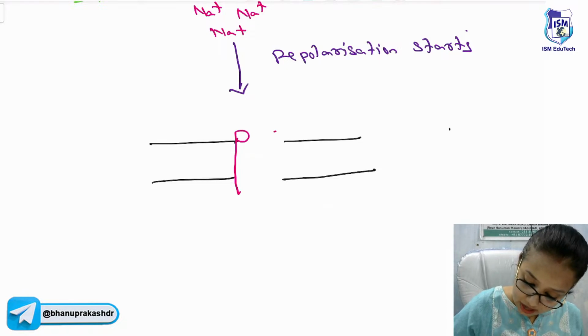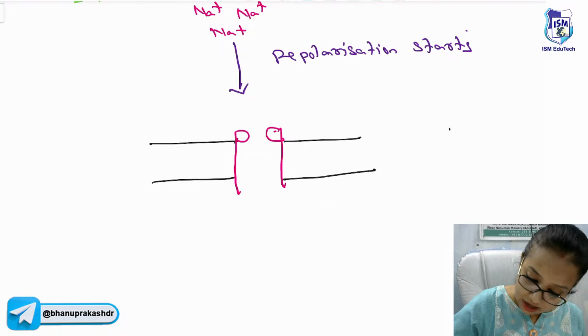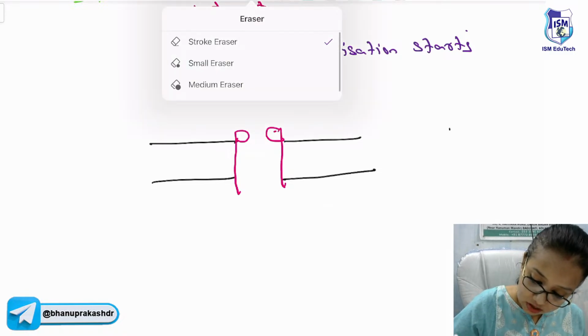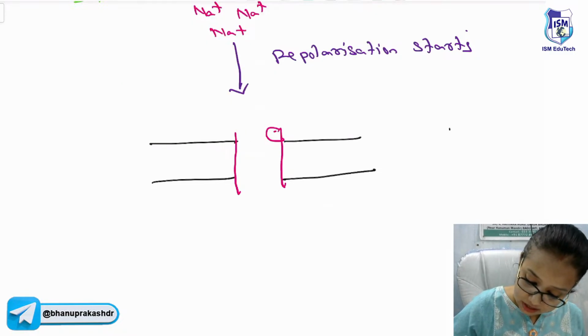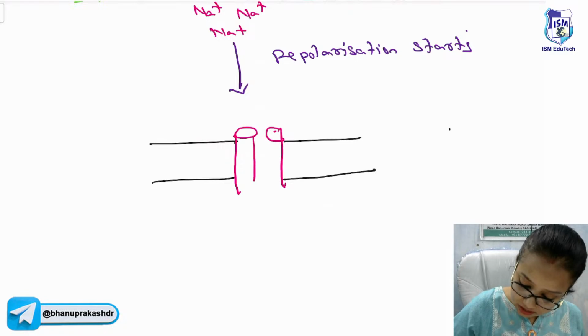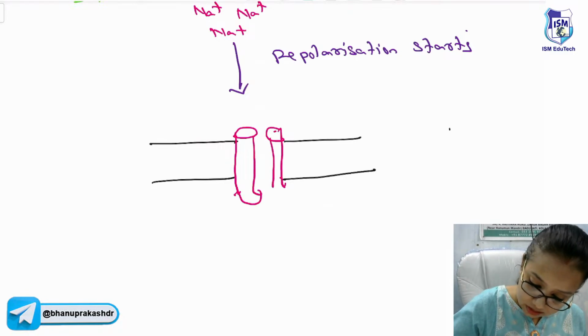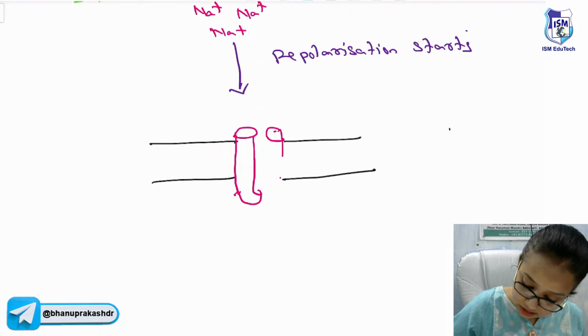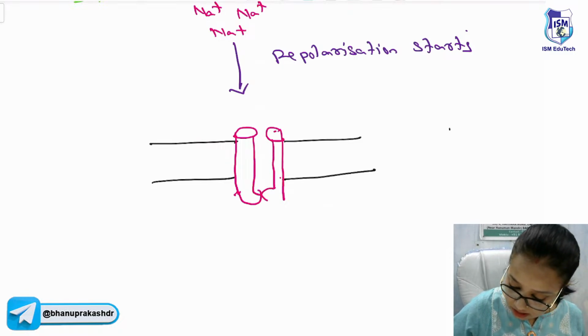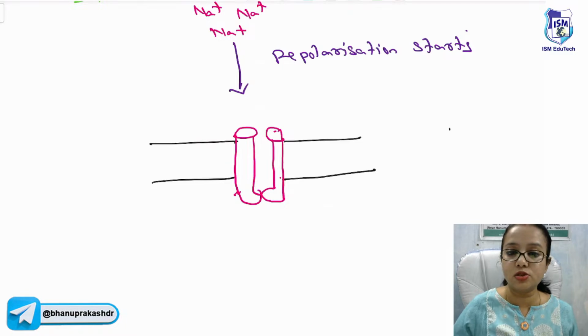Here the M gates are open. They haven't shut down. They did not fall upon each other and they did not close down. They remain open only. What happens is that now it is the H gate that closes down.